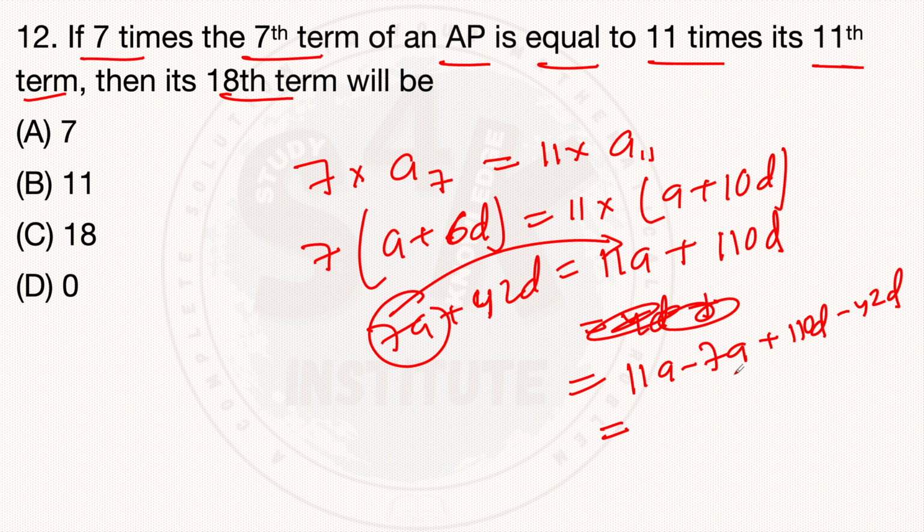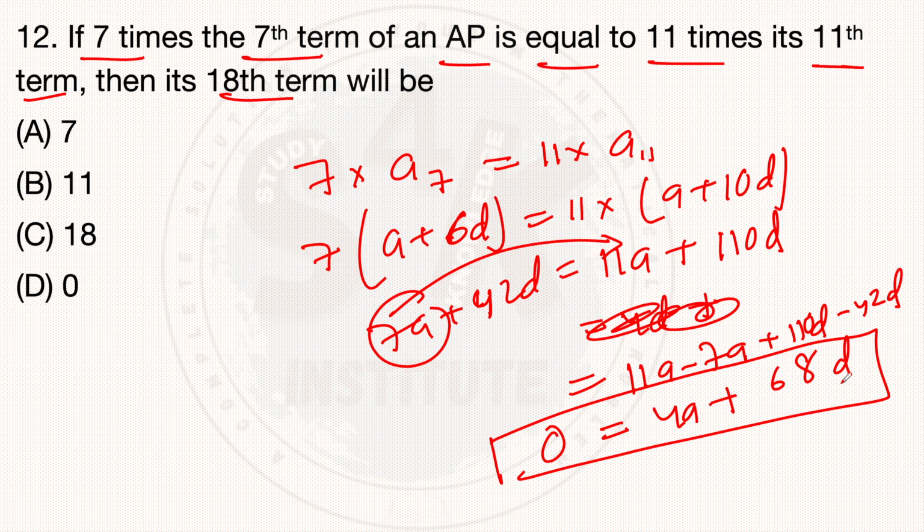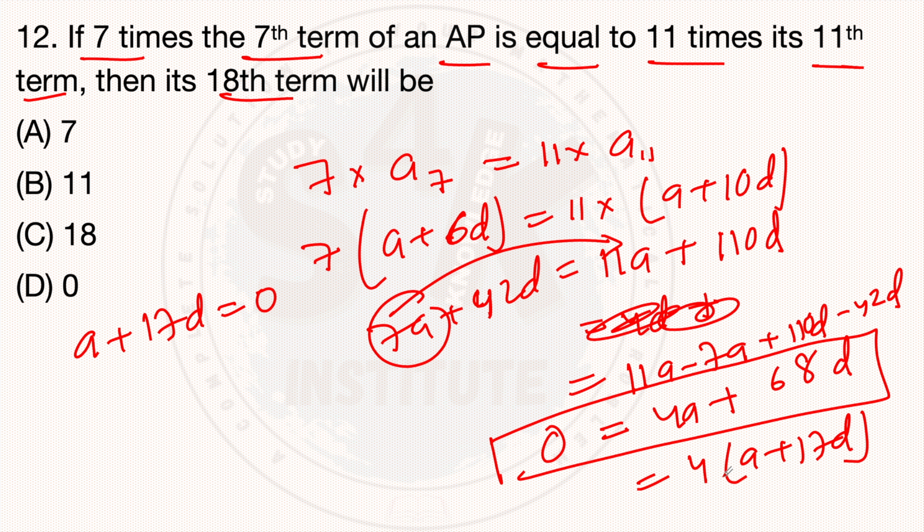So we will have how much value? 4A plus 68D is 0. So we got this. If we take 4 as common, you will have A plus 17D only. So this value is 0.